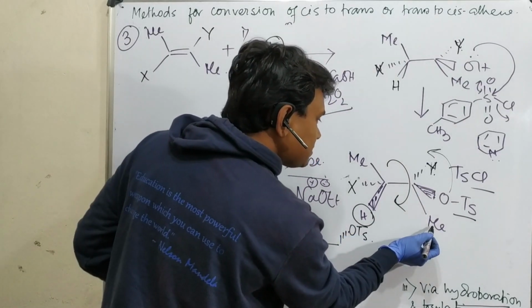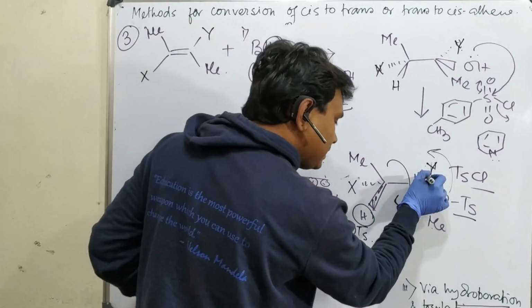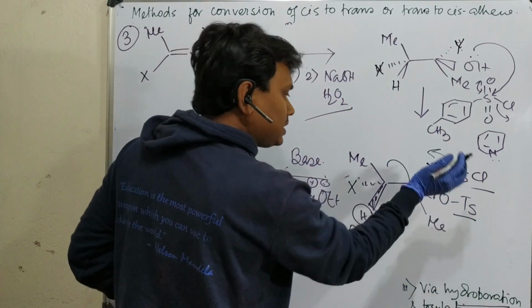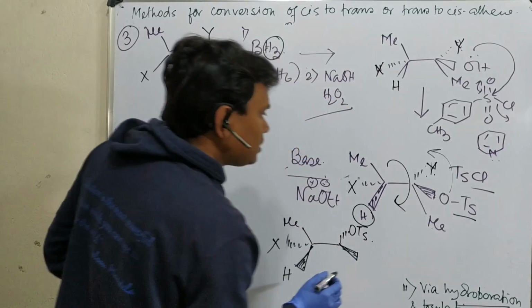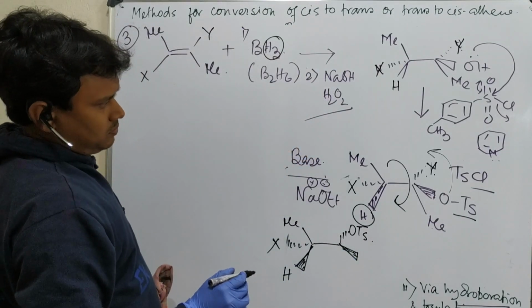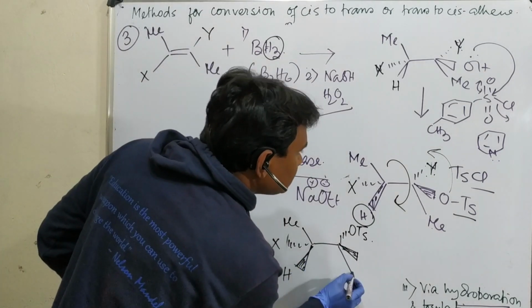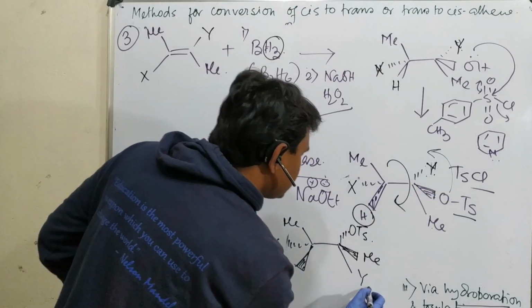So this methyl, whatever is in the plane, is expected to go in this direction, so it's expected above. Okay, above. And another thing, this is the methyl and this Y will come here.